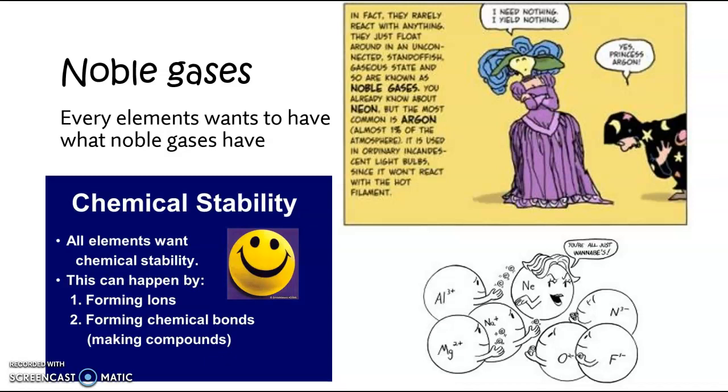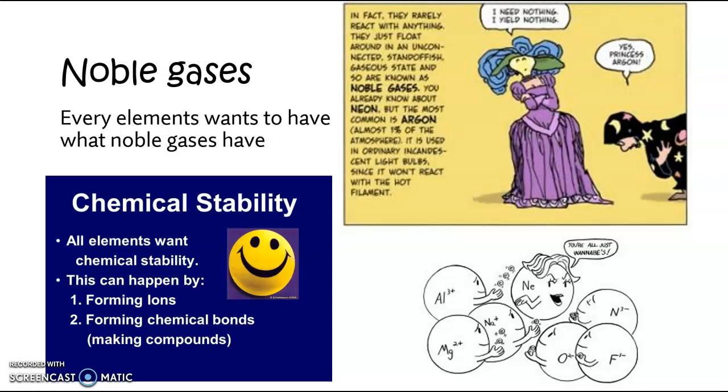If the element has its outermost electrons in the second or the third shell, and since these shells are filled with 8 electrons, once an element has these shells filled with 8 electrons, then this element would be stable. And for that reason, noble gases are unreactive because they have filled shells. So they don't want to lose, they don't want to gain. They are already filled, they already have this chemical stability.